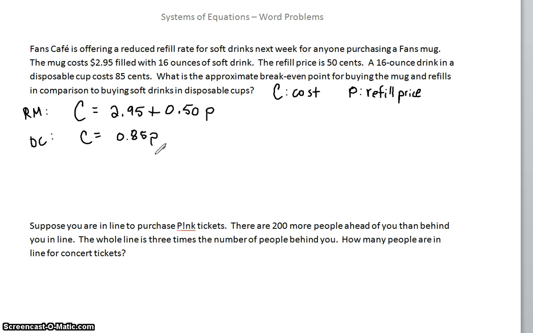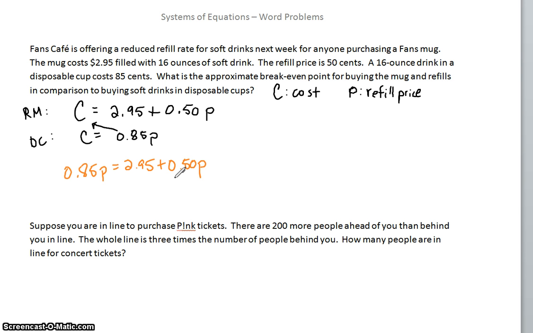So we've got two equations here. This one is best done with substitution, so I'm just going to substitute this here. And I'm going to have 0.85p equals 2.95 plus 0.50p.